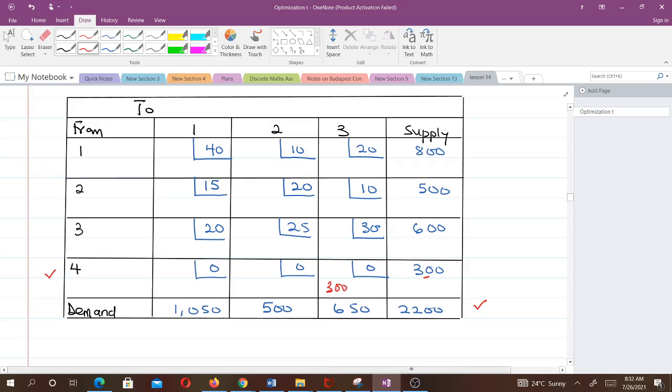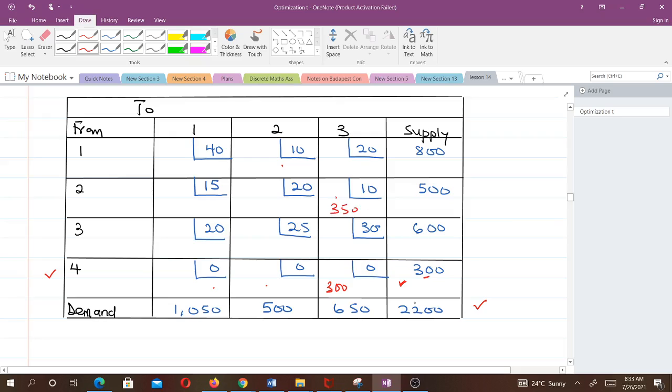When you make this allocation, the supply constraint is met, so we wouldn't make any allocation here again. Next we ask what the next smaller cost is. That is 10, and 10 here too. For this 10, we have a supply of 500 and a demand of 650, but we've already covered 300, so we can put 350 here.